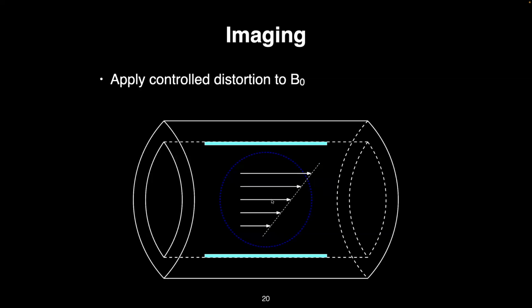So at the center here, you can see the field is unchanged, but on one side, where the gradient adds to the field, you'll have an increased field, and on the other side, where the gradient has the opposite polarity, you take away from the field. So the field is slightly lower here. In this case, now you can essentially vary the frequency that protons here are precessing at versus what they're precessing at here.